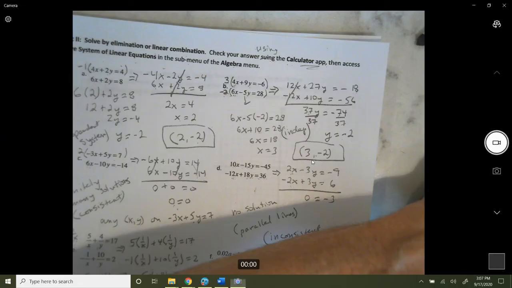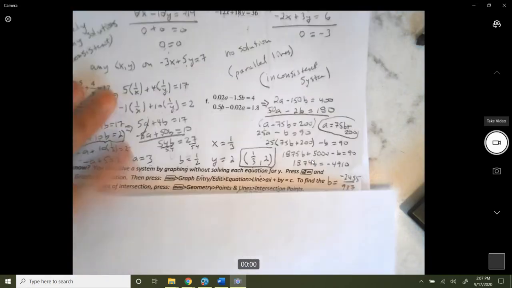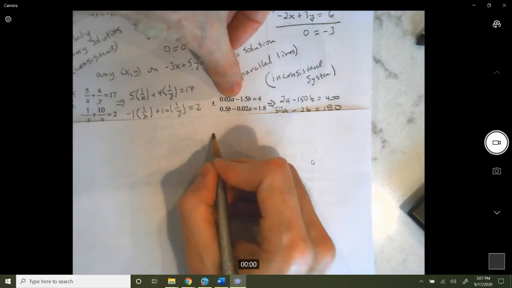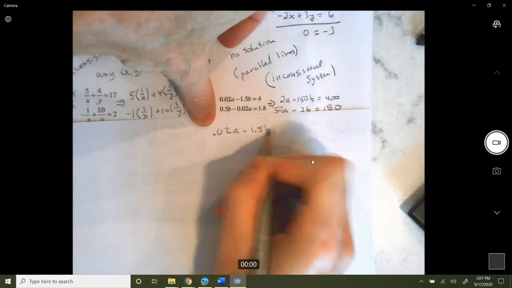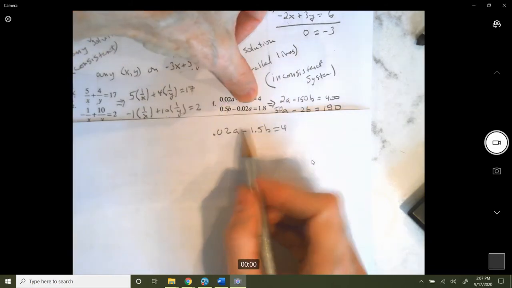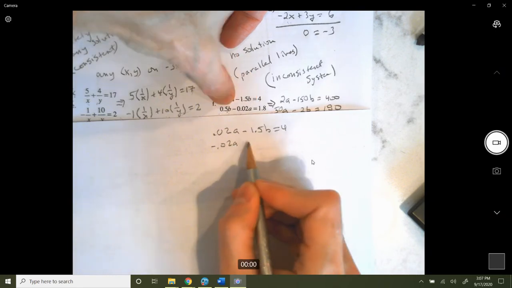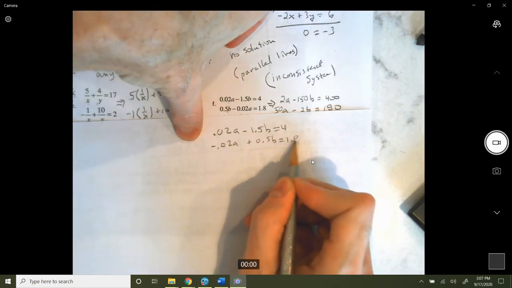Let's go back and look at that one again. That's a good lesson. 0.02a minus 1.5b equals 4. Line up the a's and b's. So negative 0.02a plus 0.5b equals 1.8.